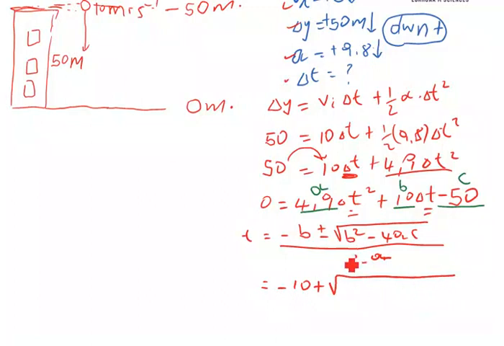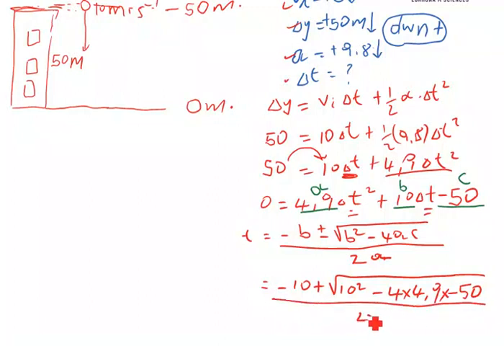So b is 10, then 10 squared minus 4 times a, which is 4,9, times c, which is minus 50, right? Then everything is divided by 2a. 2 times a is 2 times 4,9. Now we press the calculator, then we get t.